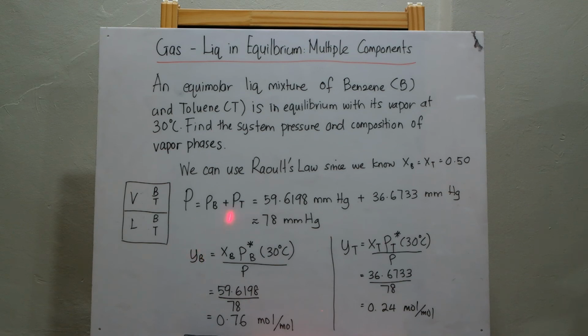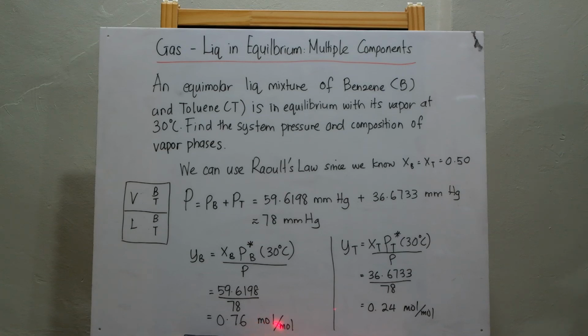For now, we find the mole fraction for benzene. YB is equivalent to the mole fraction times the vapor pressure of benzene at 30 degrees C, because the system is at 30 degrees C, divided by the pressure of the system, which we obtained just now, 78 millimeters of mercury. We do this calculation, and we obtain that the mole fraction of benzene in the vapor phase is 0.76 mole per mole.